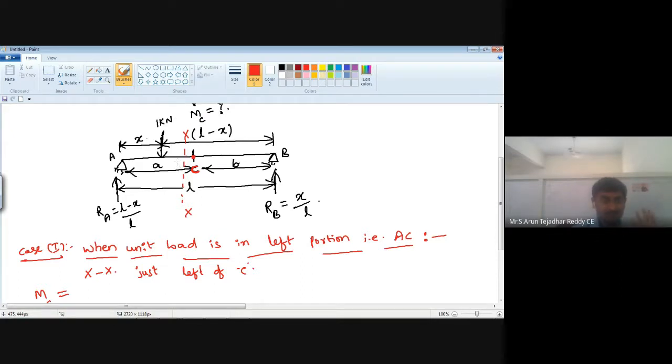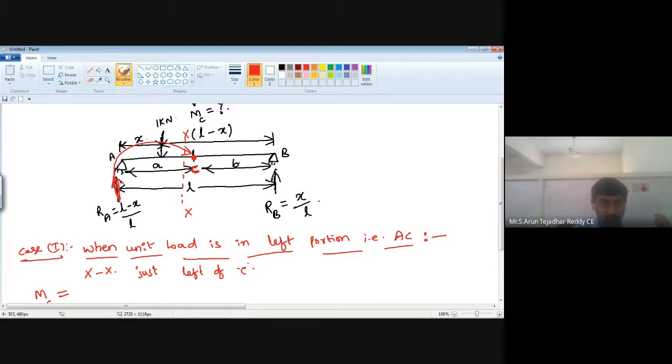What forces or loads are acting just left of section XX? We need to consider those forces. Here, the RA reaction is acting. But how is it moving? It is moving in this direction because our moment is about this point.